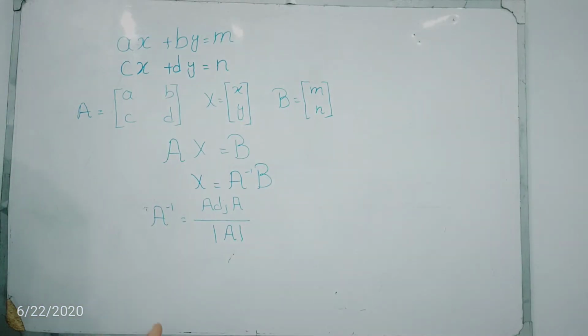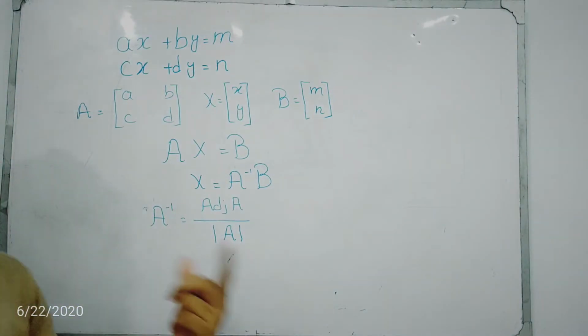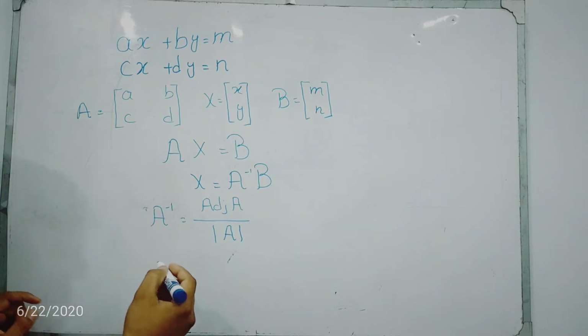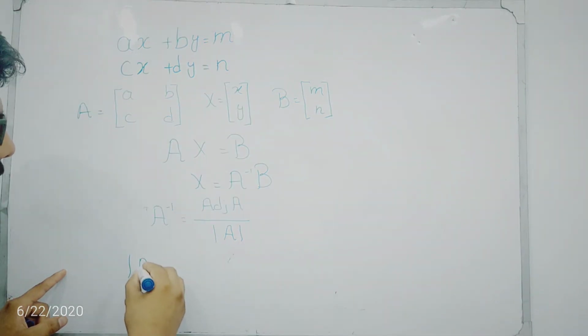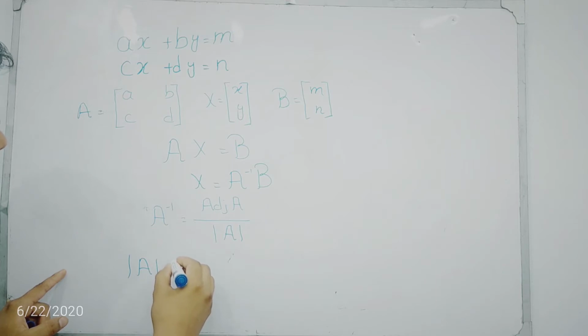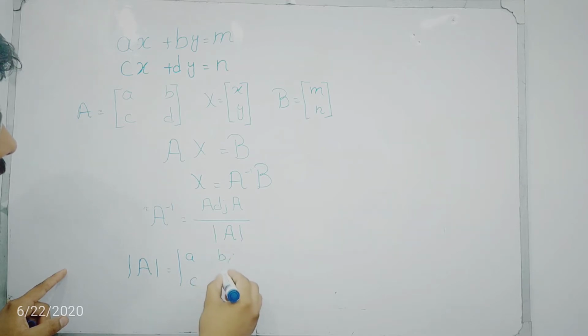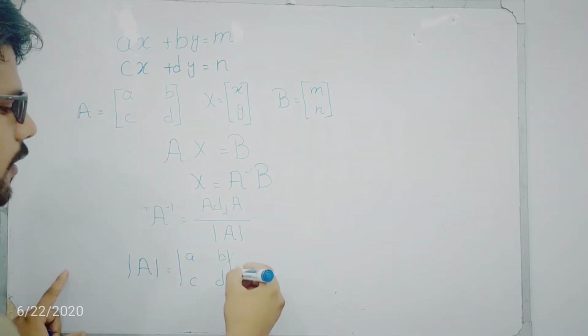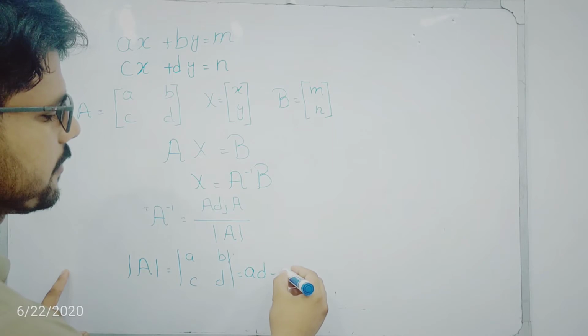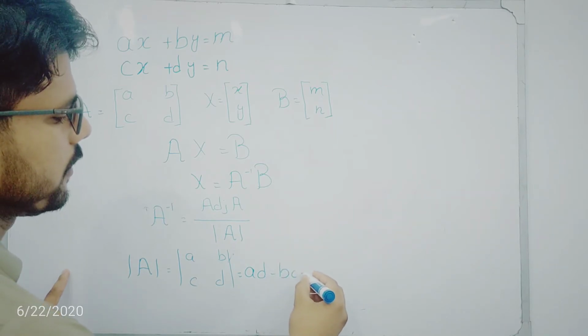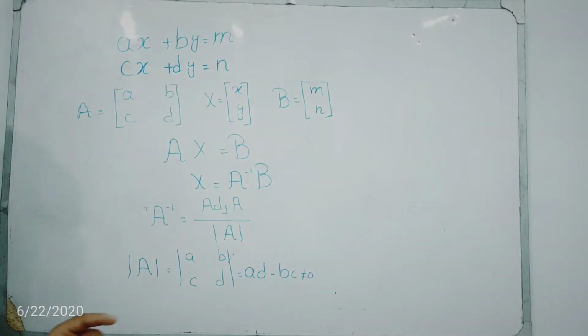If it is non-singular, then we proceed the question. We find the inverse determinant of A. So determinant of A is equal to a, b and c, d is equal to ad minus bc, which is not equal to 0. So it is non-singular. So we can proceed the question.